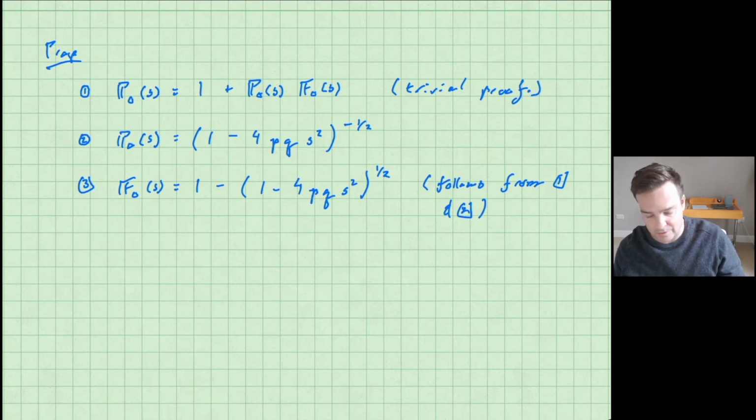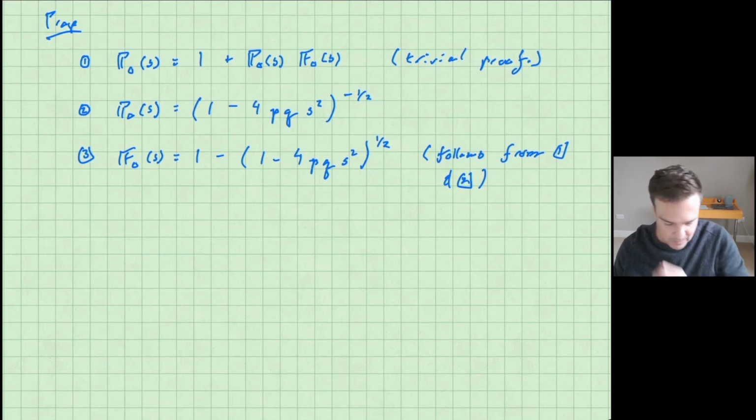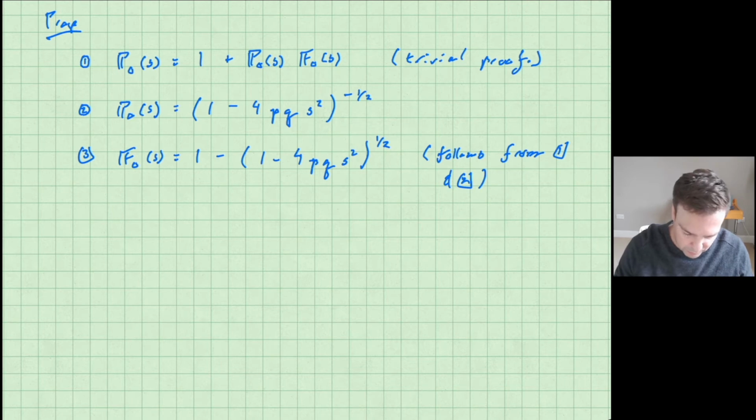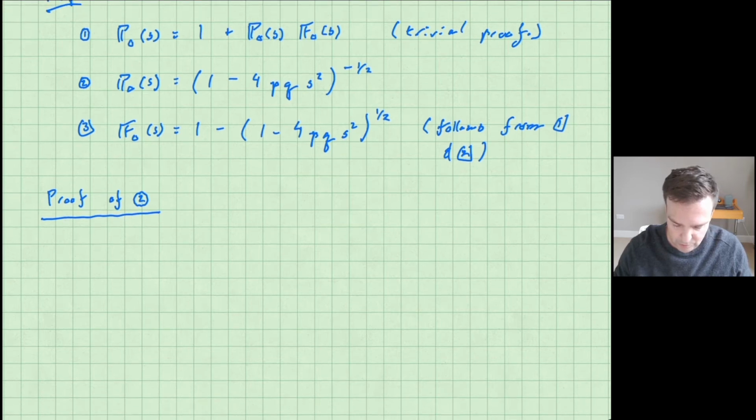So I'm not going to bother with that. It's just simple algebra. But we'll look at the proof of 2, which in essence is going to prove the whole proposition for us.